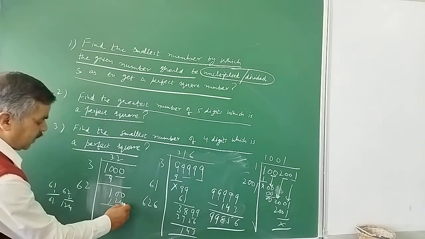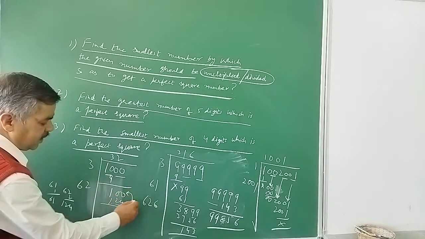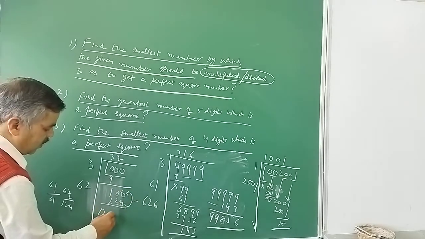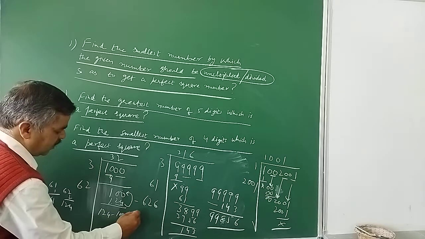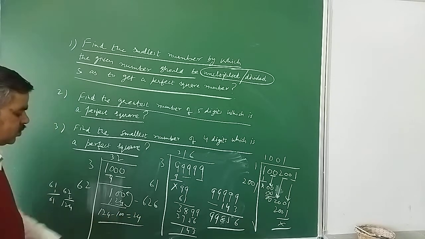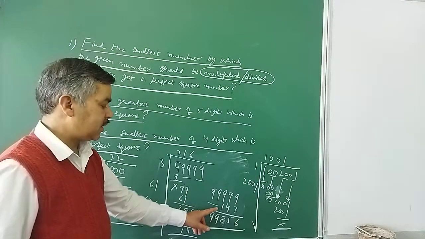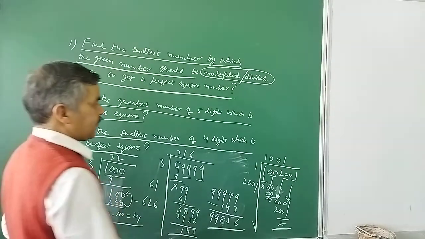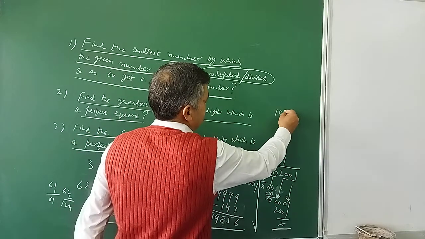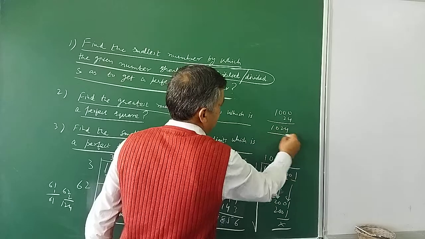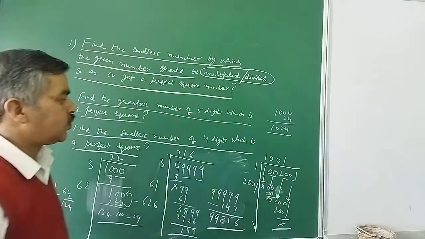So 124 minus 100 will give you 24. This 24 you have to add here. There we subtracted, here you have to add. So if you add this to 1000, your resulting number will be 1024.